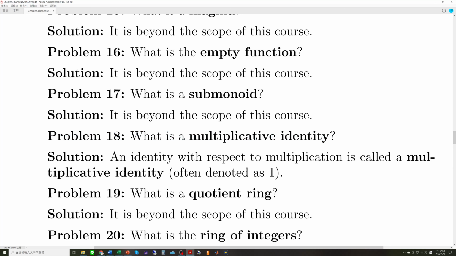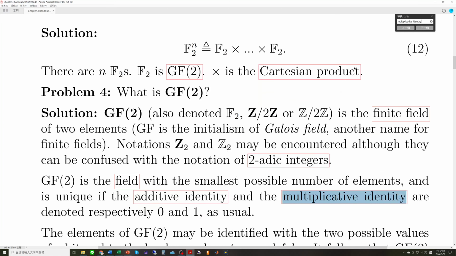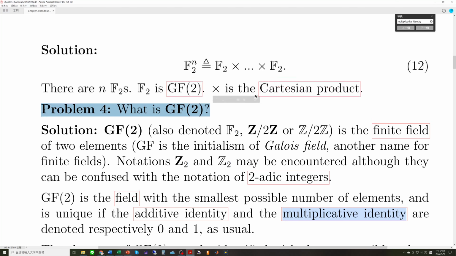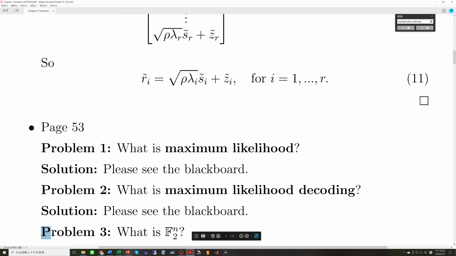Why do we need to know what a multiplicative identity is? Let us search for this problem now. Because it appears in the solution to problem 4, what is GF of 2? And the GF of 2 appears in the solution to problem 3, what is F2n?